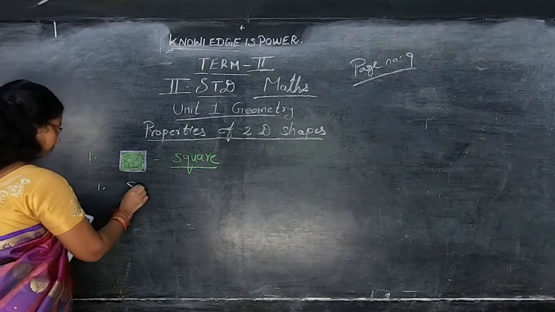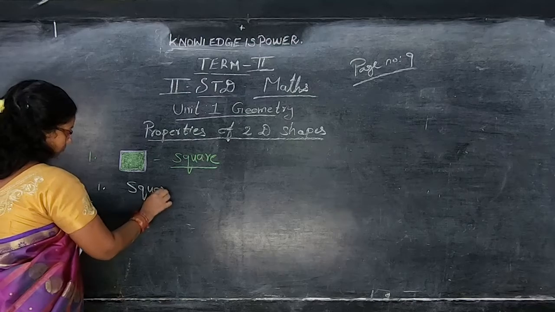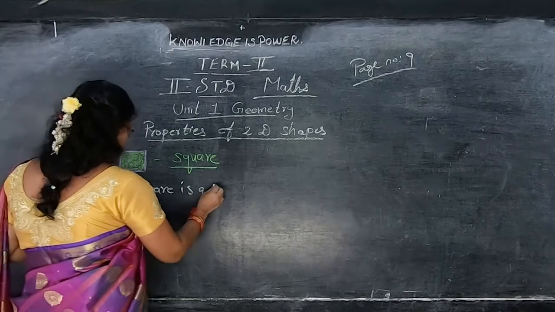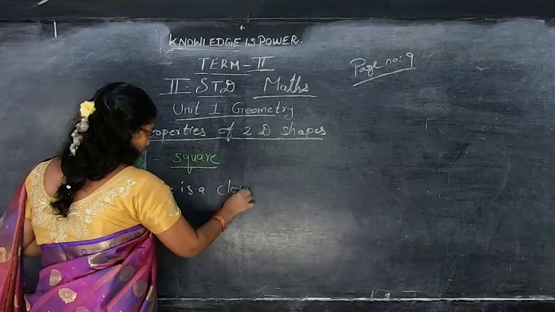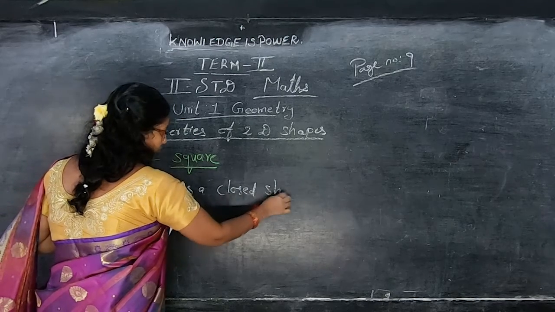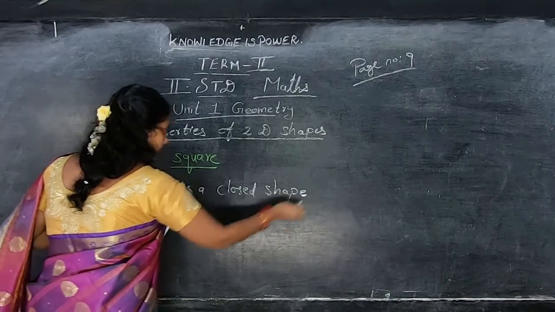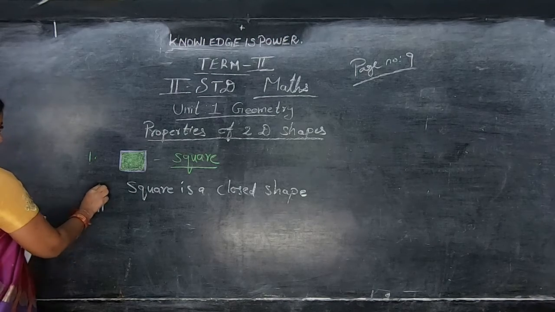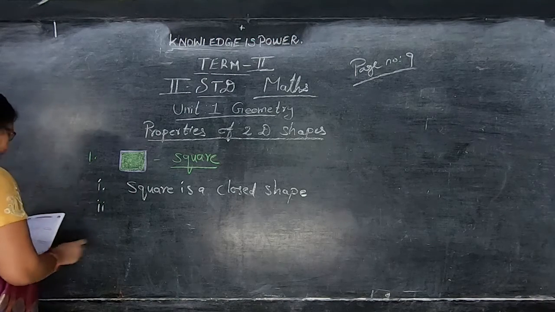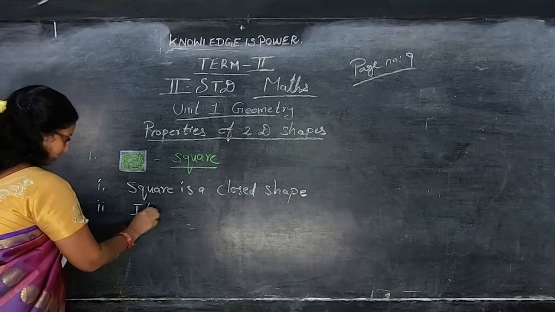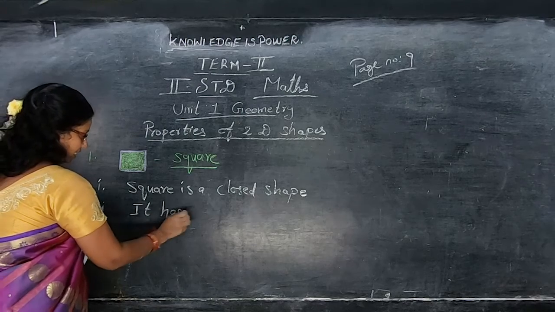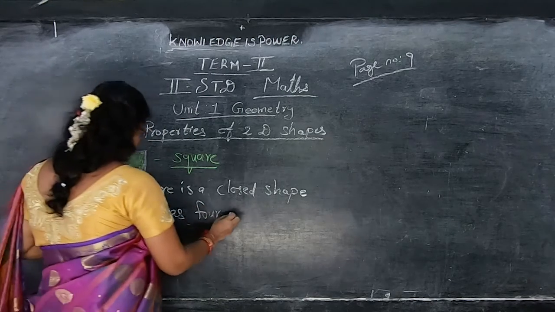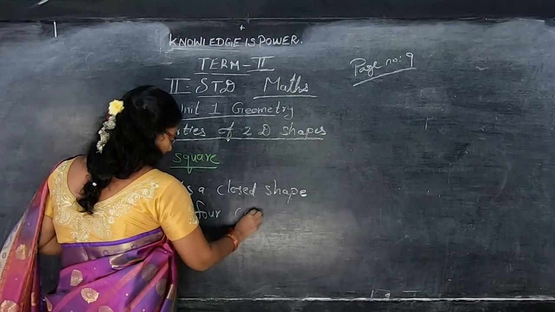Square is a closed shape. Point number 2: it has 4 corners.